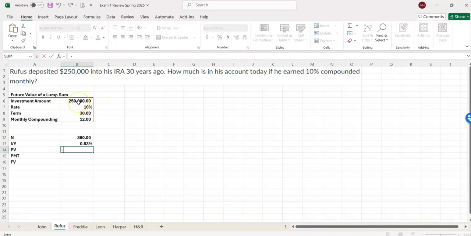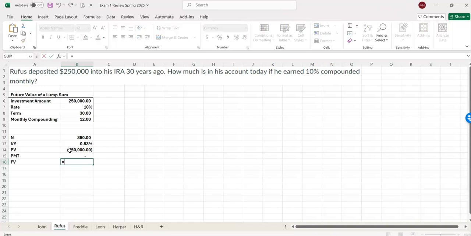If we entered our deposit amount as a positive, we would get a negative as an answer. So it's not wrong. But the way the software works is it uses negatives to reflect deposits and payments, and positives to reflect receipts. So 0 payment, and then future value.